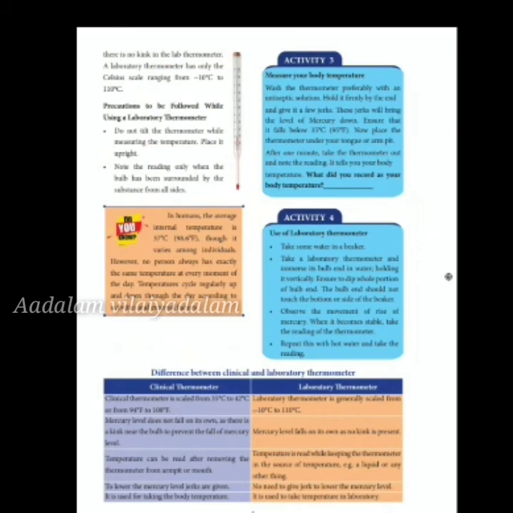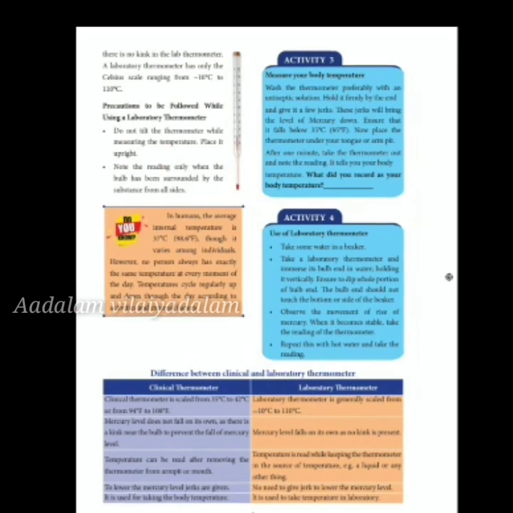No need to jerk to lower the mercury level in the laboratory thermometer because there is no kink; the mercury settles down easily. Clinical thermometer is used to take the body temperature, while laboratory thermometer is used to take temperature in laboratory sites for research purposes.